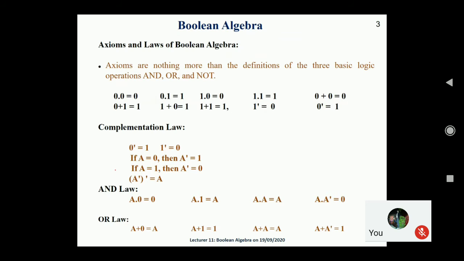But remember, when we are talking about Boolean algebra, there are some rules we have to follow. These are called the axioms and the laws, or rules, of Boolean algebra.